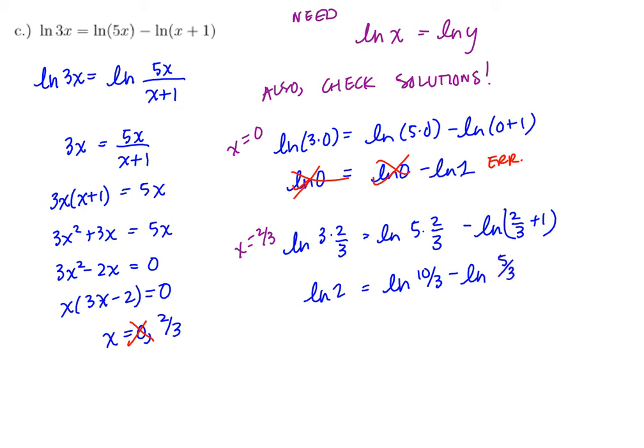Those are all valid numbers. If you want to, you can combine them and simplify, make sure that it actually does work out. You could just get the decimal approximations in your calculator, both sides, to check it out. But we don't have to throw out 2/3 because it was not outside of the domain of the logarithm, so we have one valid solution.